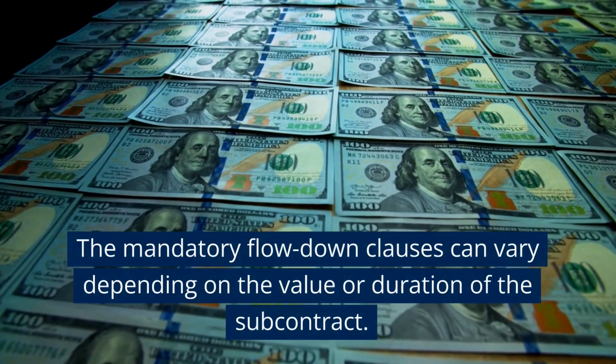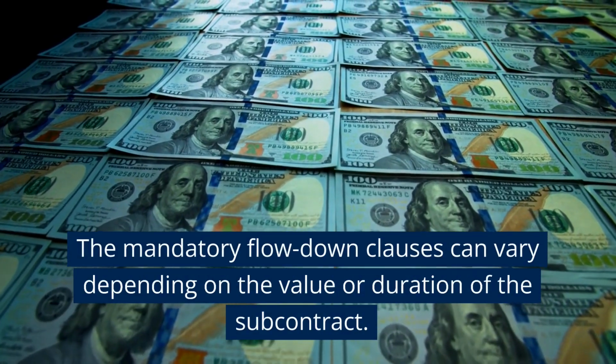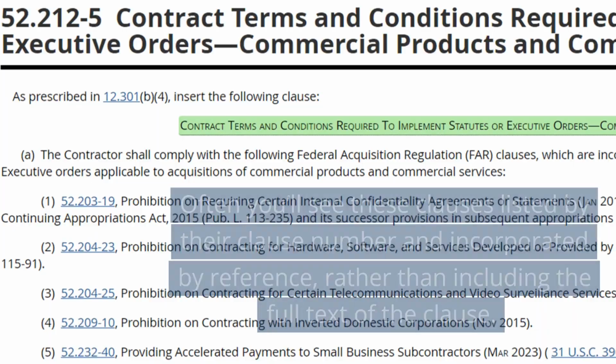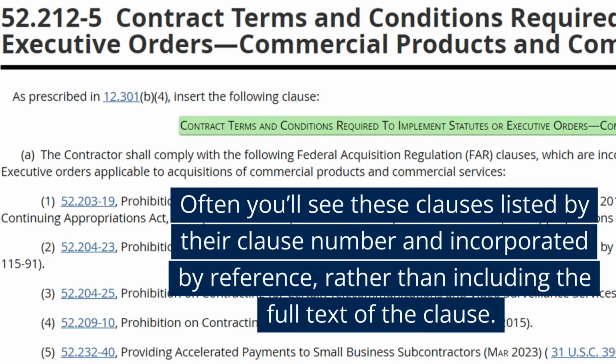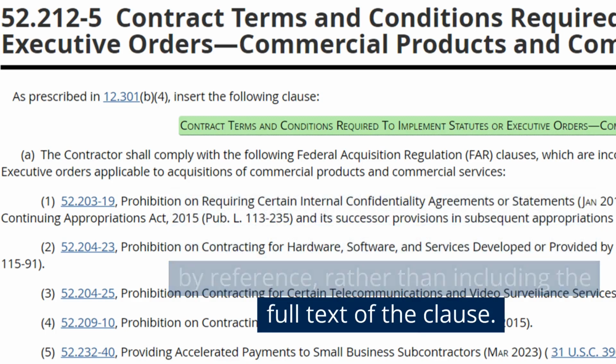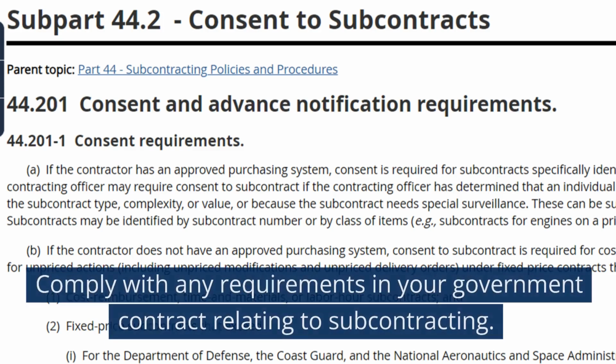The mandatory flow-down clauses can vary depending on the value or duration of the subcontract. Often, you'll see these clauses listed by their clause number and incorporated by reference, rather than including the full text of the clause.